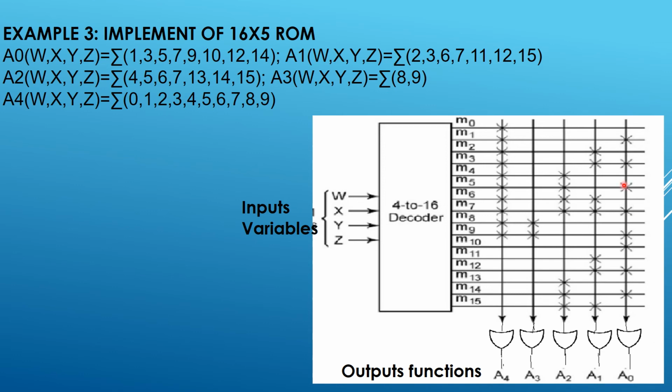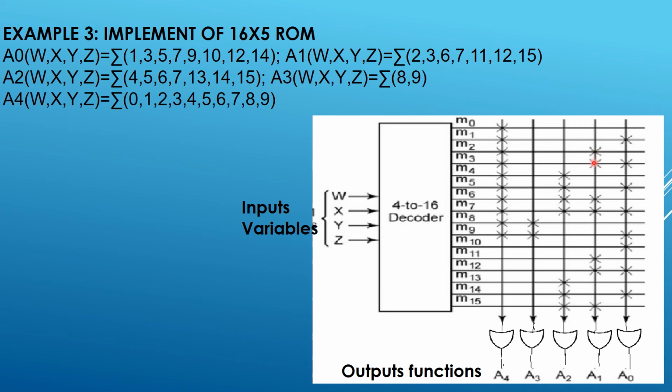So you need 5 connections over this line, and all these are where you have to do the programmable connection. For A0 the programmable connection is at 1, 3, 5, 7, 9, 10, 12 and 14 to produce the summation of A0.